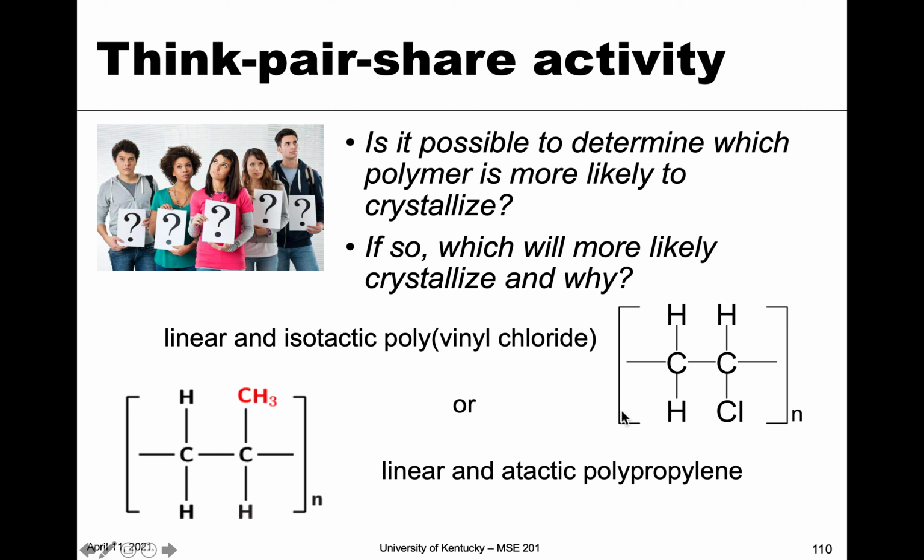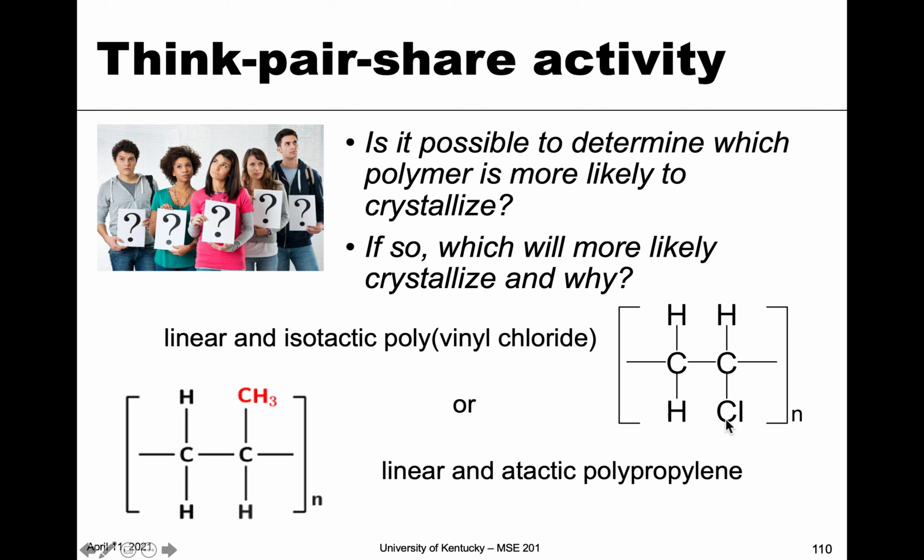However, if we look at the repeat structures themselves, we notice that the Cl chloride group was very electron rich and affected the glass transition temperature heavily, compared to the CH3 group. And so that would indicate it's less likely to crystallize relative to polypropylene.